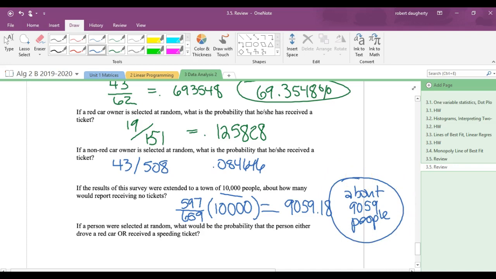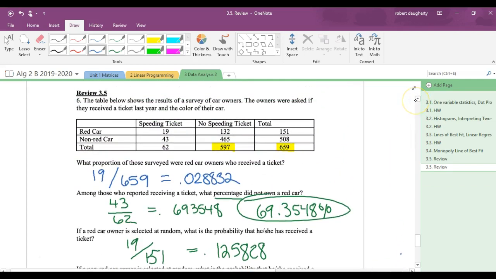If a person were selected at random, what would be the probability that that person drove a red car or received a speeding ticket? Okay, so let's go back up here. The probability of someone driving a red car or getting a speeding ticket. So this is where I get the information about speeding ticket. This is where I get the information about the red cars, okay?